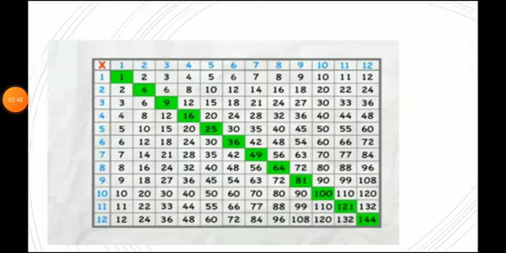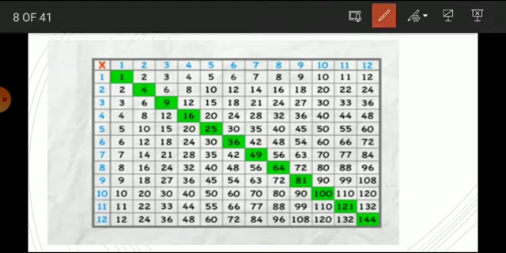Now see the table. Can you guess what is given here? Some numbers are blue, some are black, and some boxes are filled with green color. Can you guess what this shows? Yes, it is a multiplication table.